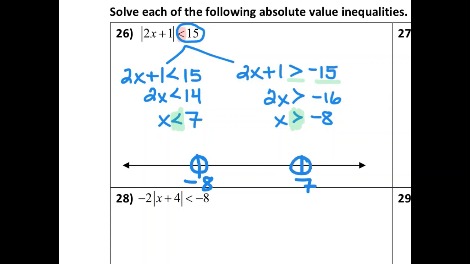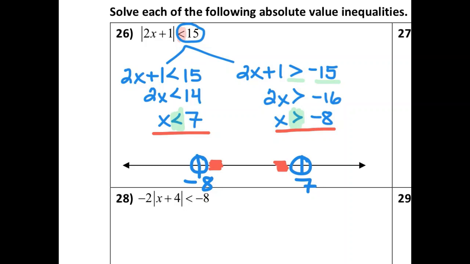I want you to think about first, x is less than positive 7. If you were just graphing x is less than positive 7, you would graph the graph in that direction. Now think about x is greater than negative 8. If you were only graphing x is greater than negative 8, you would shade the graph in that direction.